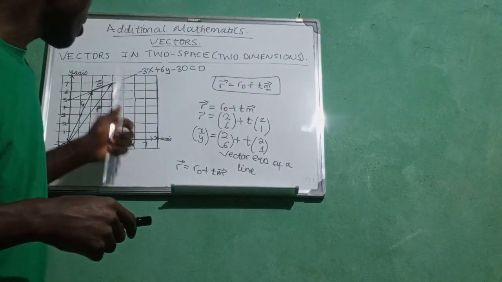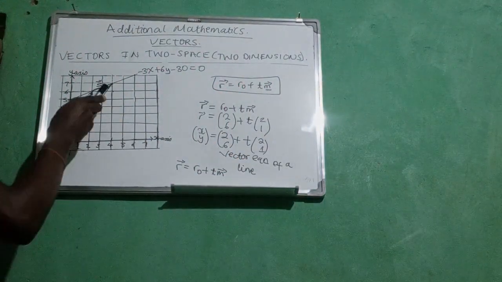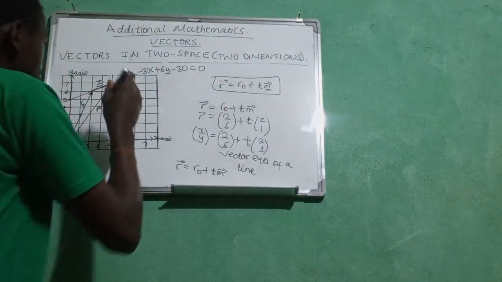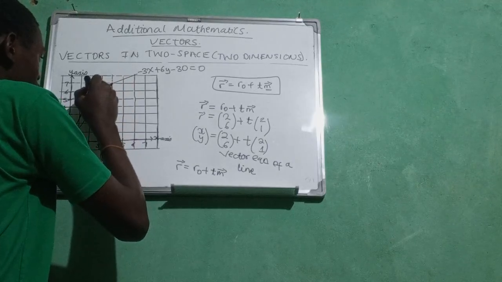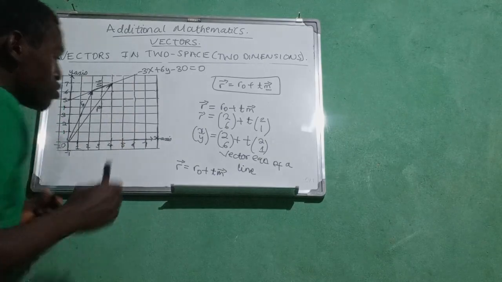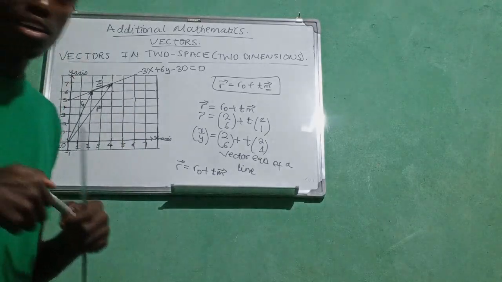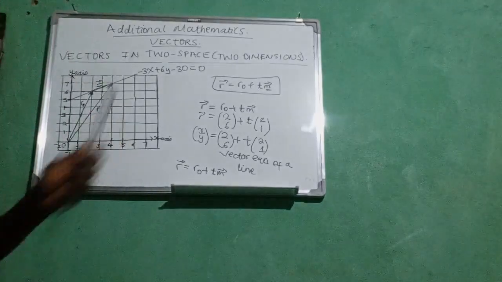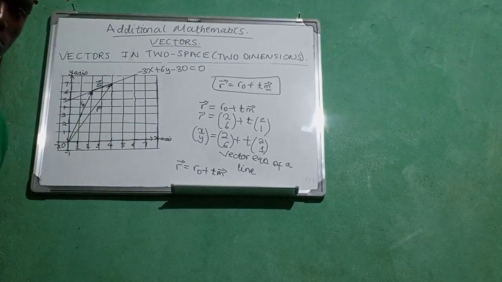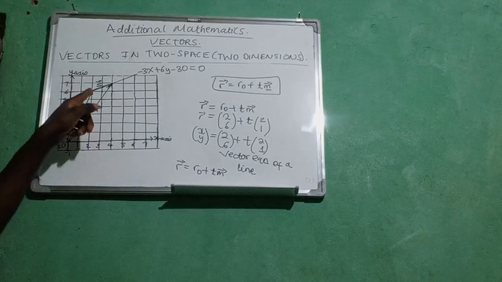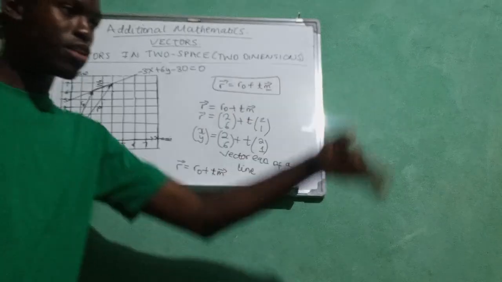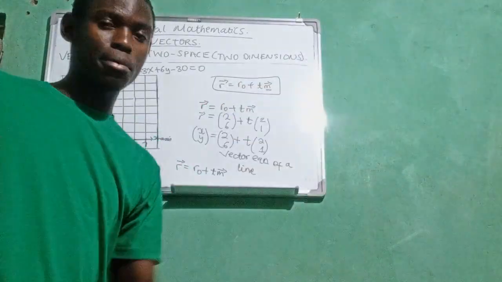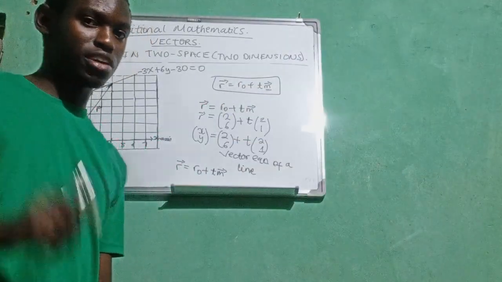Then we draw the vector with an arrow on top, trying to show that it has its tip on the line. To move from this point to that point, we moved 2 across and then 1 up. That is our direction vector.